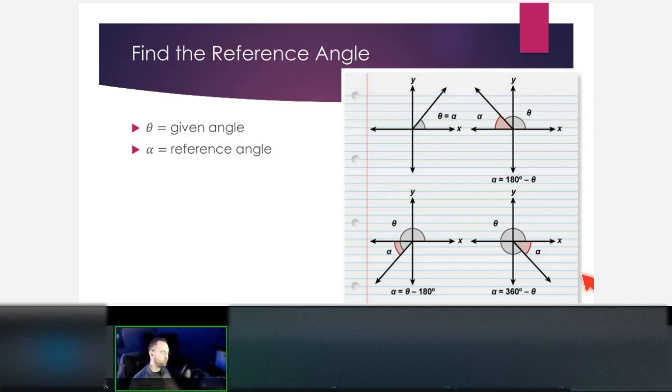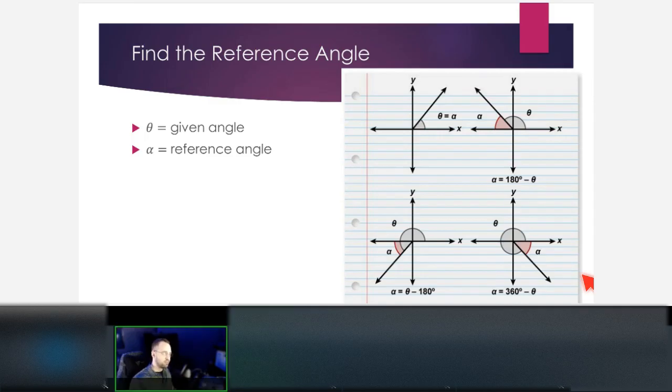And by the way, reference angles are always positive values. So you can't have, well, I guess you could have a negative reference angle. No, you can't. If you have a reference angle, alpha should be positive. Now the given angle theta can be negative.